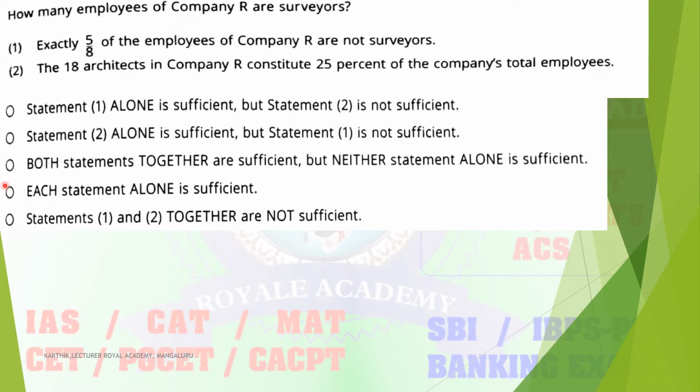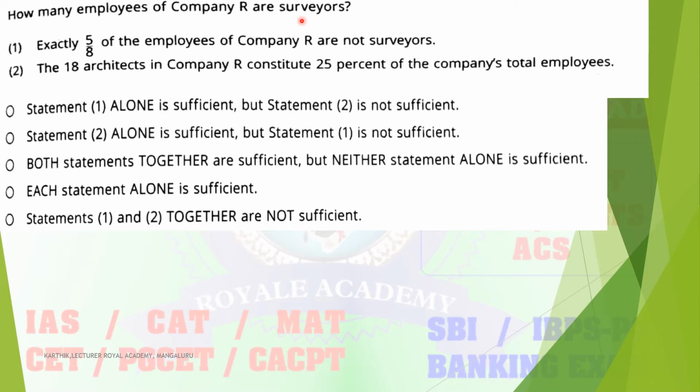In that case the fourth option is correct. The last option, E, is: statements 1 and 2 together are not sufficient, so enough information is not provided in the statements to answer the question. In that case the fifth option is correct.